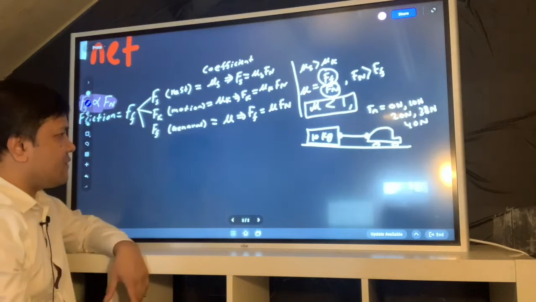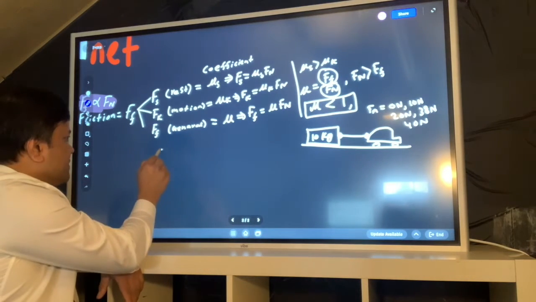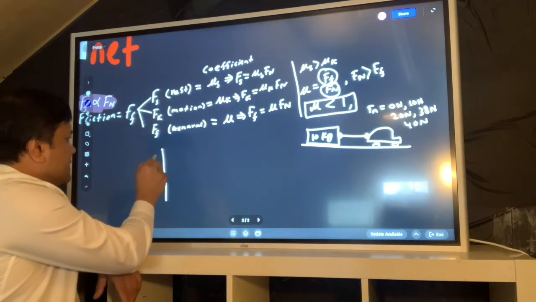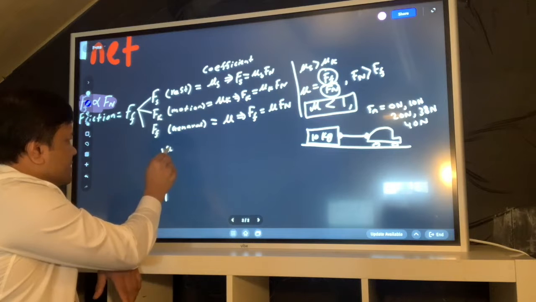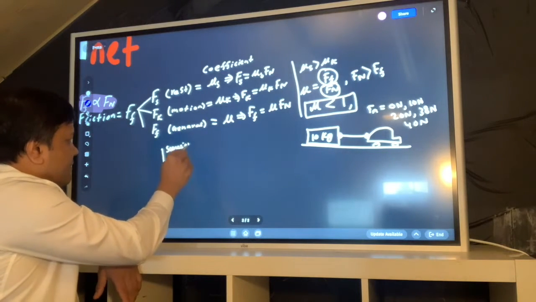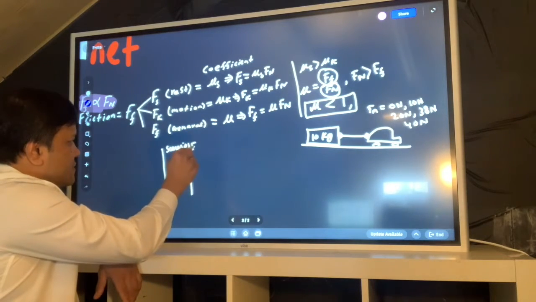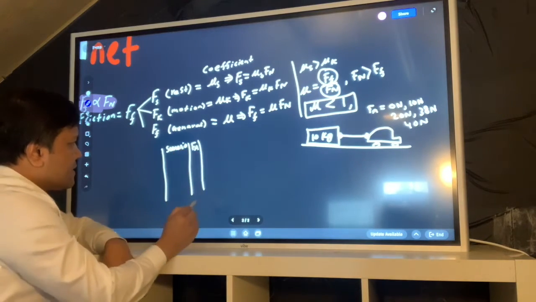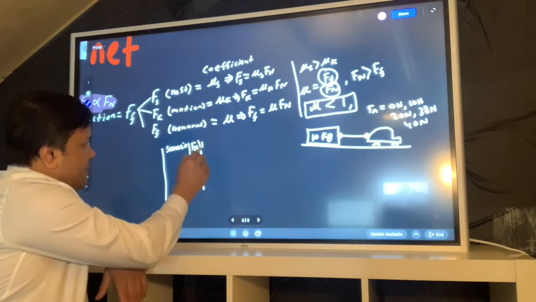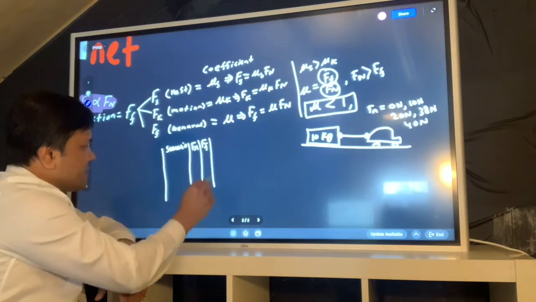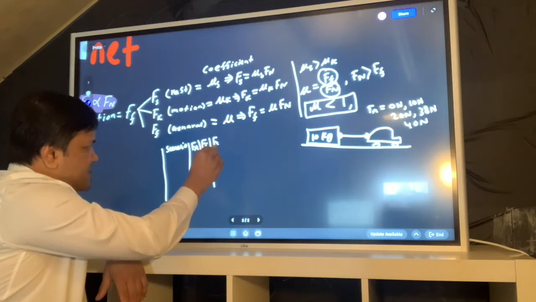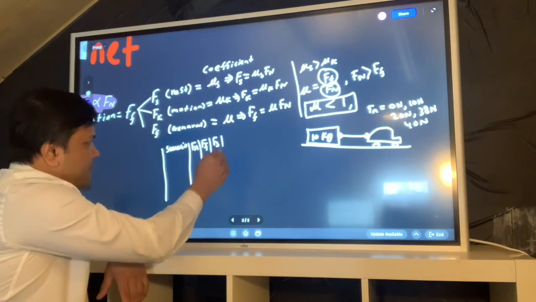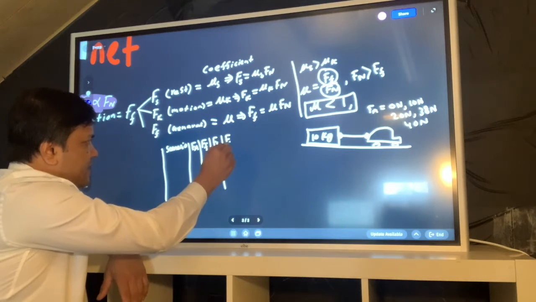Okay, so now we're going to create a very important table. So this is going to be the scenario, this is going to be the applied force, this is going to be the force of friction, this is going to be the type of the force, whether it is static or whether it is kinetic.